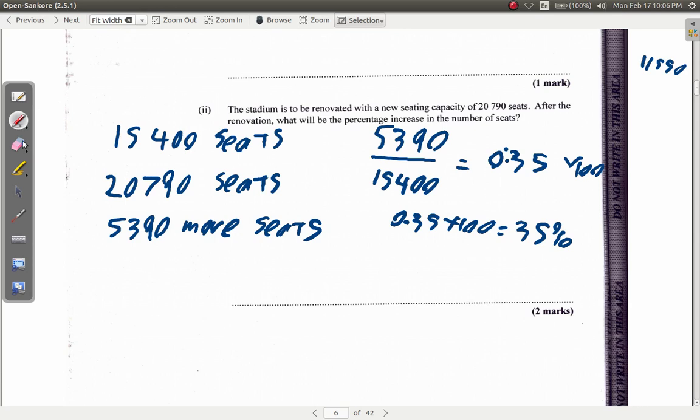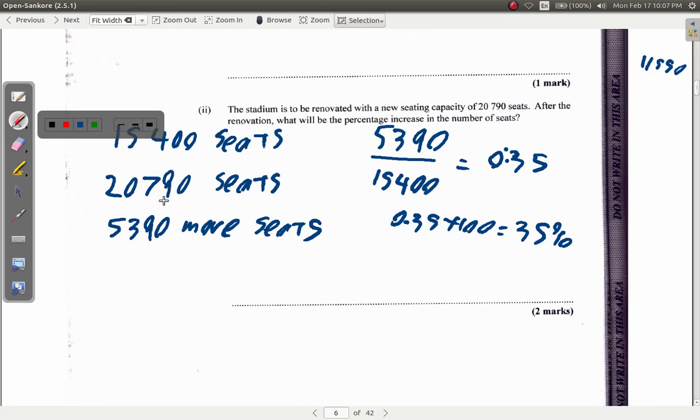In fact, you might lose marks, because 5,390 over 15,400 is not equal to 0.35 times 100. 5,390 divided by 15,400 is equal to 0.35. Full stop. Nothing more. Then you go into the next line to do the multiplication by 100, so that you have percentage.